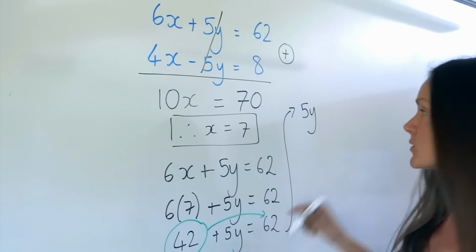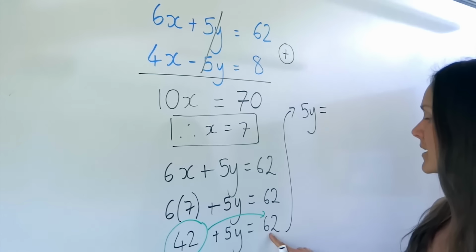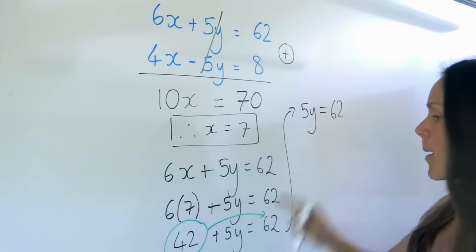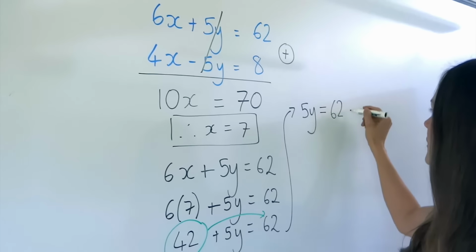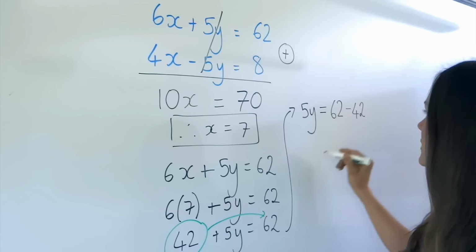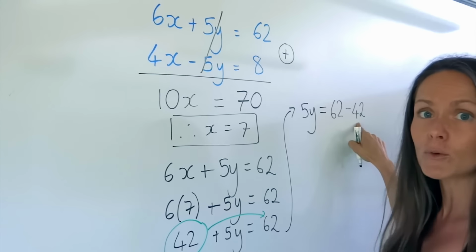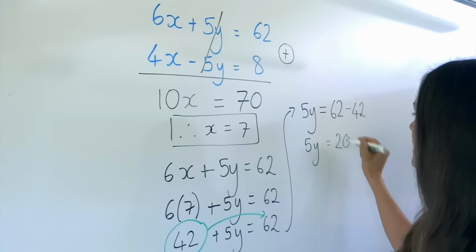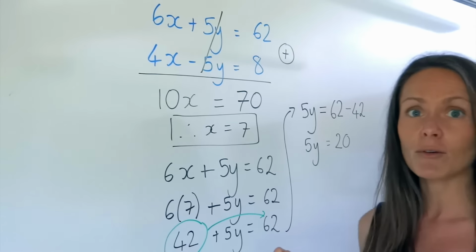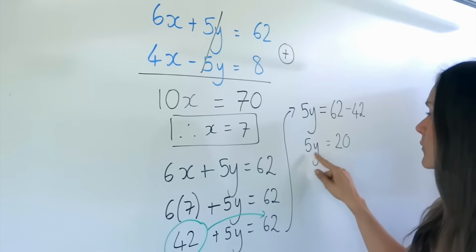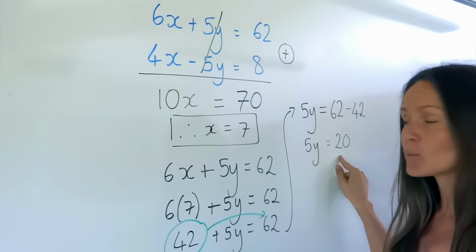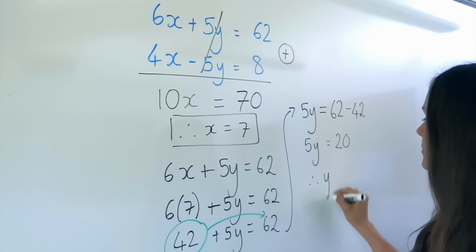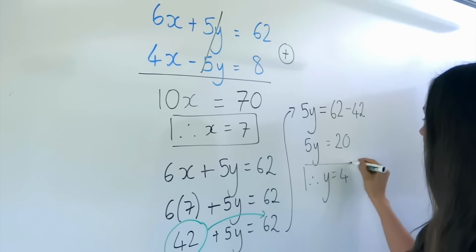Then I've got the equal sign, followed by 62 minus 42, because the sign of that number changes. So 62 minus 42 is 20. So now I've got 5y equals 20. You can probably see what the value of y is already, because 5 multiplied by y gives me 20. So y must be 4.